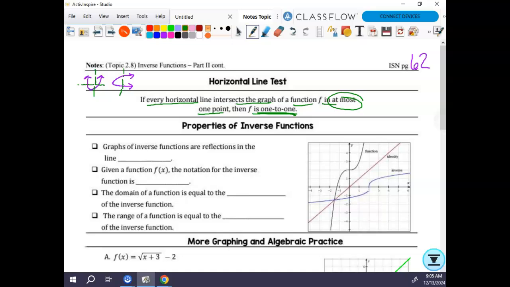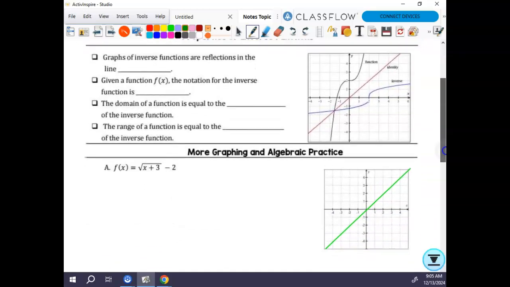Okay, properties of inverse functions then. And some of this is a repeat again, but that's okay. So graphs of inverse functions are reflections in the line, which line? Y equals x. Very good. And that's what this line is right here. This is the line y equals x. Okay, so if I have f of x, the inverse notation is f inverse of x. And that's something we just talked about on the other side.